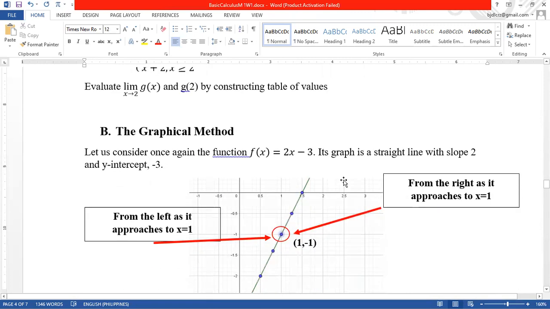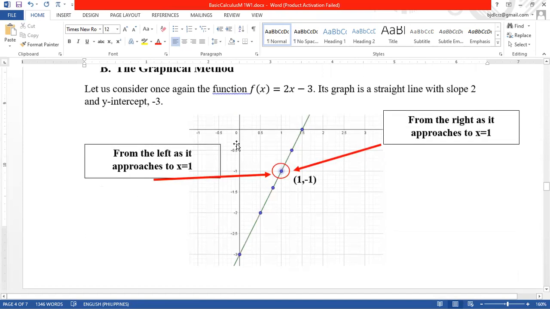Again, next, for the graphical method. So let us consider once again the function f of x is equal to 2x minus 3. Its graph is a straight line with a slope of 2 and y-intercept of negative 3. So from the left, as it is approaching x is equal to 1, and from the right approaching x is equal to 1.